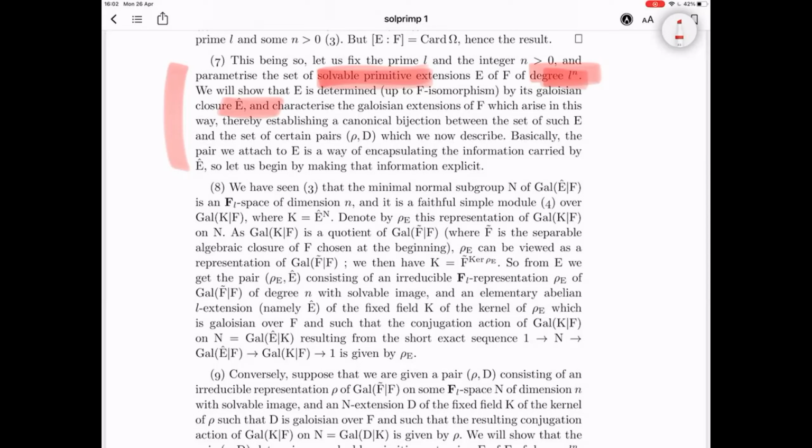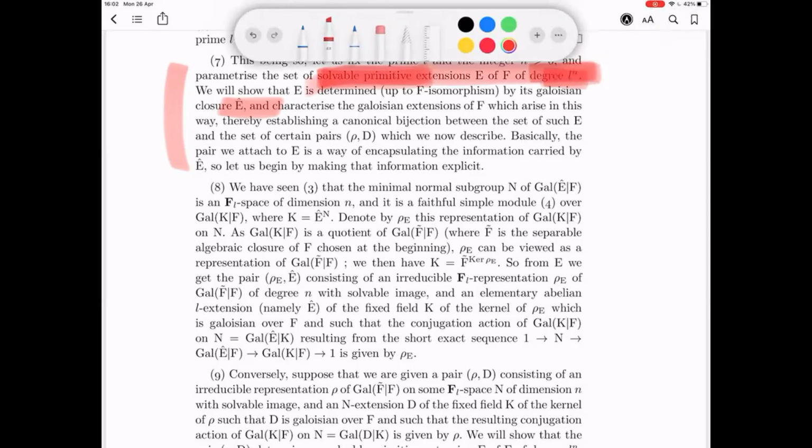So we wanted to parameterize all such E, and we said such E are uniquely determined by E hat. So now you have to characterize the kind of E hat which arise. Which extensions of F are the Galois closures of a solvable primitive extension of degree L to the n?